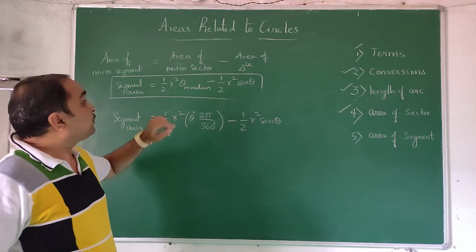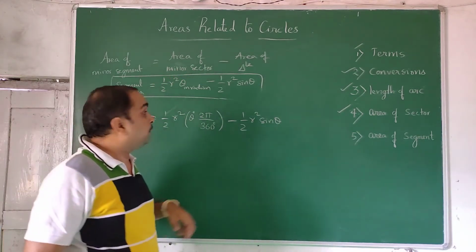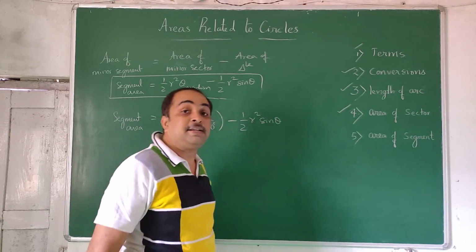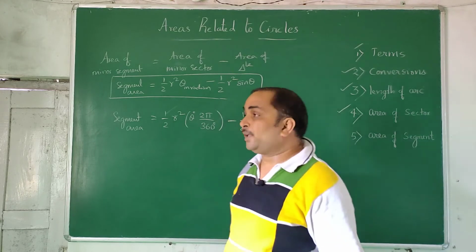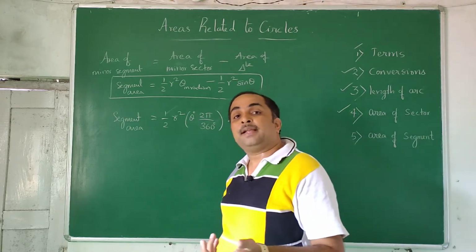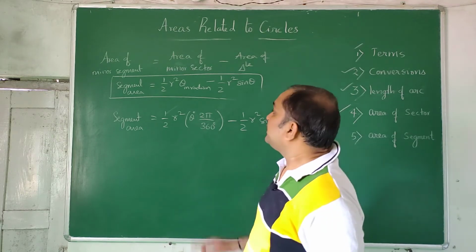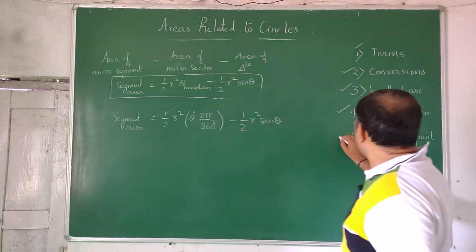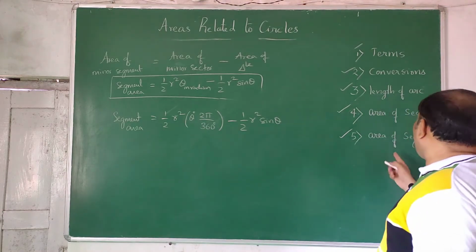So here you can see area of minor sector is easy to remember, half r square theta in radian mode, and the other one is half r square sine theta. This kind of things in future you will find more comfortable once you know formulas in radians. So unit conversion from radians to degrees, degrees to radians. In this way we have completed finding length of arc, finding area of sector, finding area of segment.